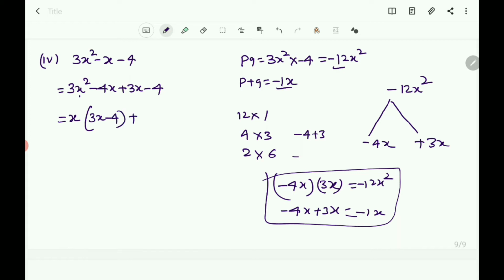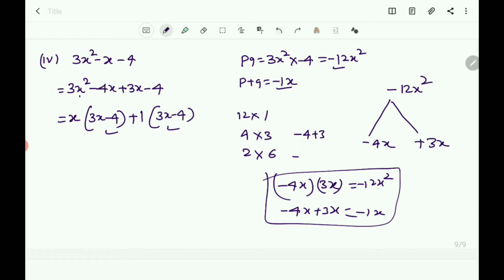Next plus, here it is 3x minus 4. You can have only the number 1 as common. Write that outside and there is no change in the bracket here, as 1 is a factor which is taken outside. Now you got the same bracket here. So that is the common factor.